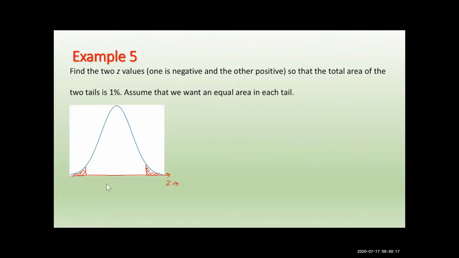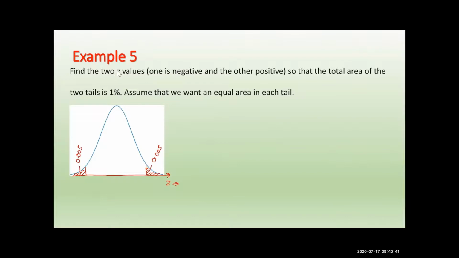But now the 1% is divided equally into two parts. Assume that we want equal area in each tail. So if you divide 1% into two parts, you have 0.5% area here and 0.5% area here. So when I say 0.5% area, that is 0.005. This is 0.005.